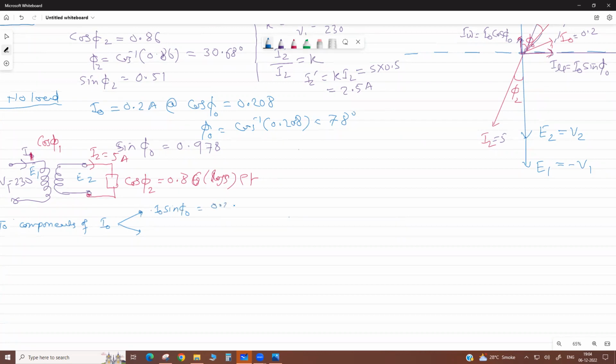It is 0.2 into sine phi naught, which is 0.978. Very good. And I naught cos phi naught is 0.2 into 0.208.